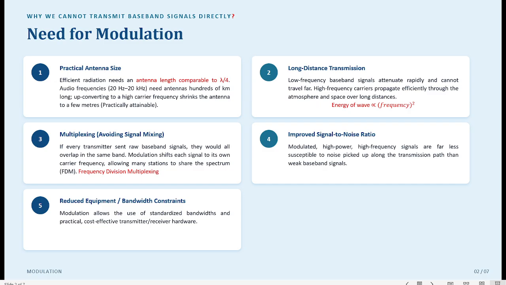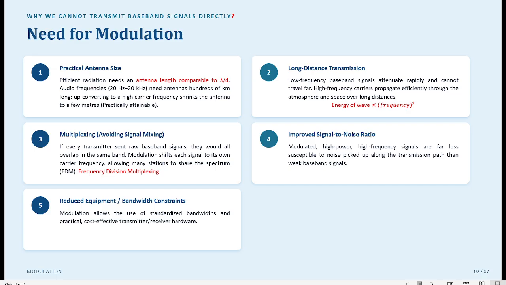So to avoid signal mixing, carrier waves which have different frequencies for different transmitting stations are used for this purpose. And the fourth point is that modulation improves the signal to noise ratio.